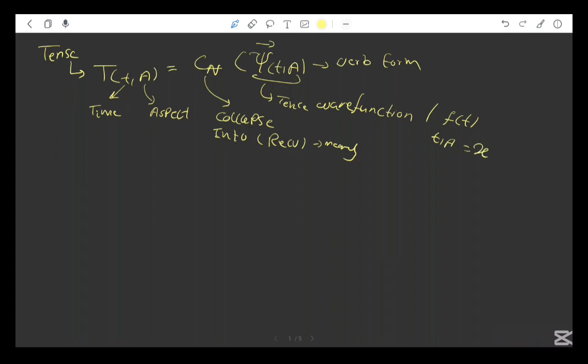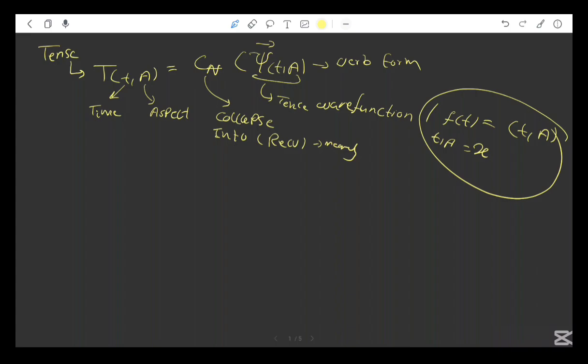X can be anything, any type of verb, depending on the context, equals the TA, right? So this is the formula that I have invented for describing things. T sub TA equals the incross of wave operator of sub TA, right?